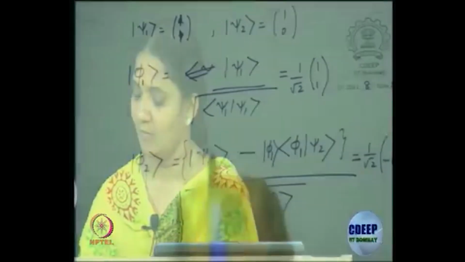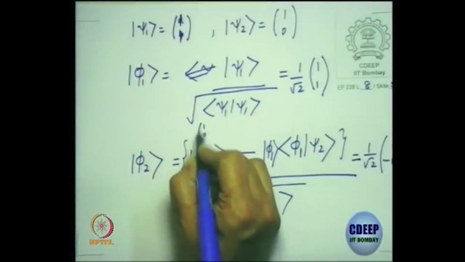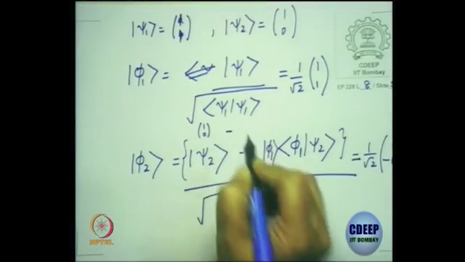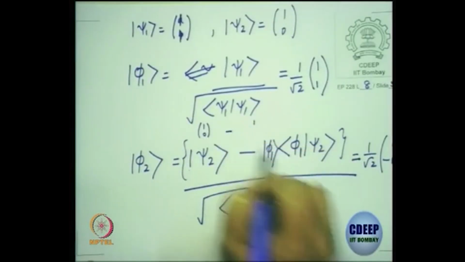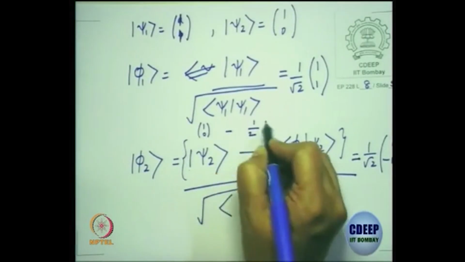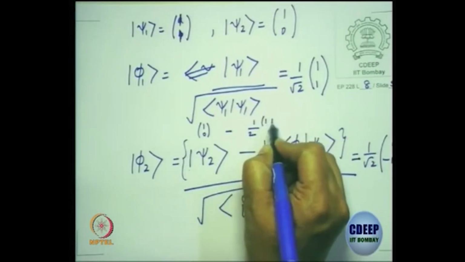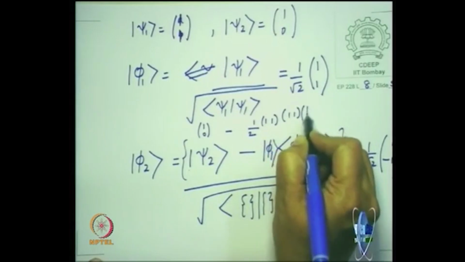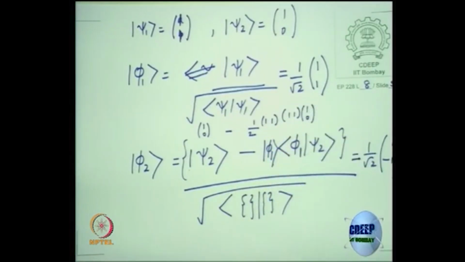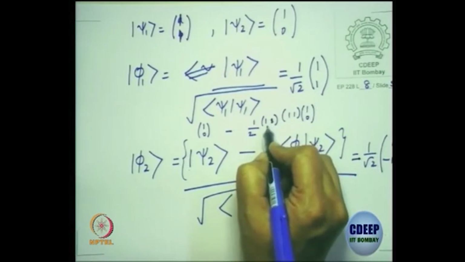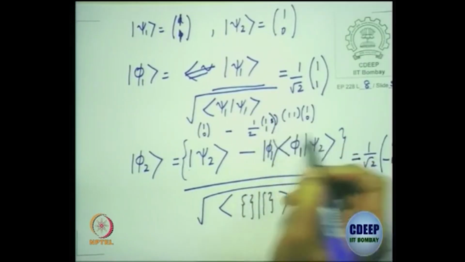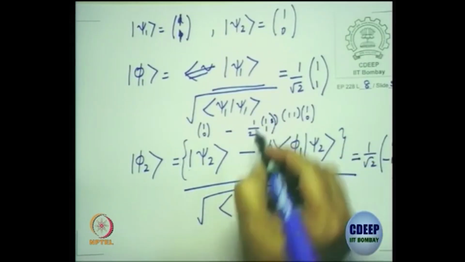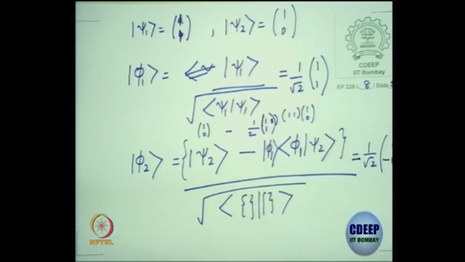This will be 1 0 minus 1 by 2 1 1 1 1 with 1 0, right? Sorry, 1 1 and then 1 1 with 1 0. Is that right? What happens?